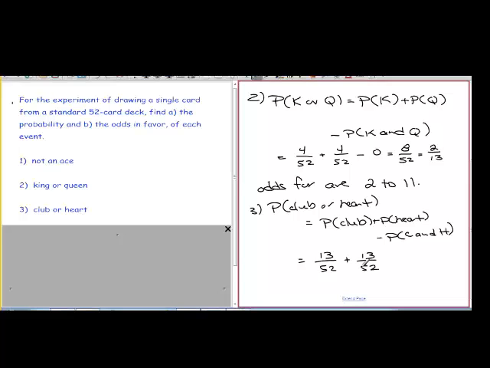There are 13 hearts out of 52 cards. There are 0 club heart cards. So you get 26 over 52, which is a half. So the probability of picking a club or a heart is 1/2, and the odds for are 1 to 1.